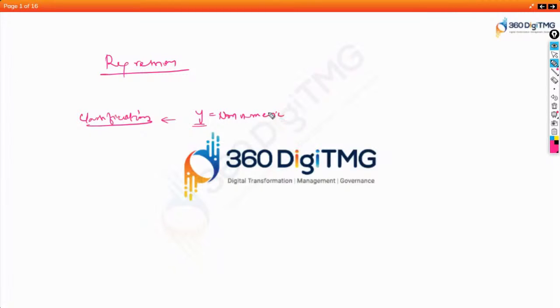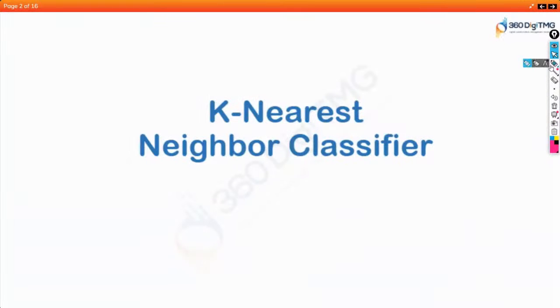Okay, it should be non-numeric. That non-numeric case is very easily resolved using one of the simplest machine learning algorithms, which is called KNN. The concept is very, very straightforward, very simple logic is applied, but the applications are immense.